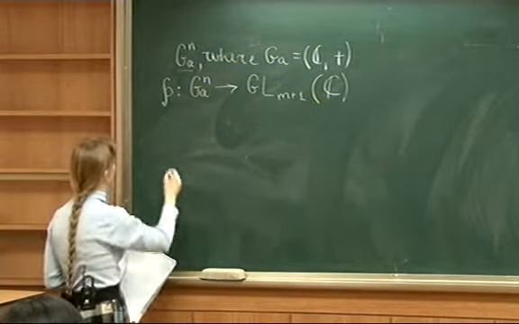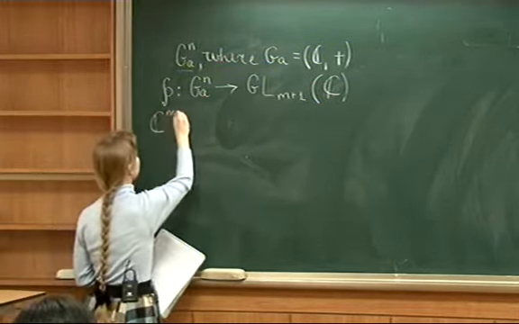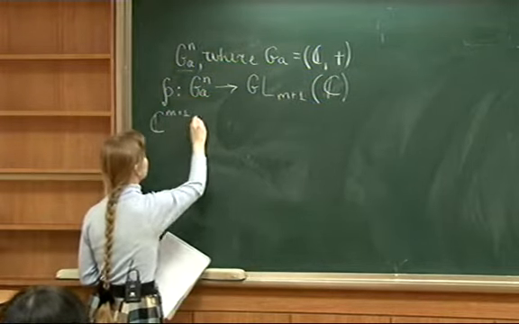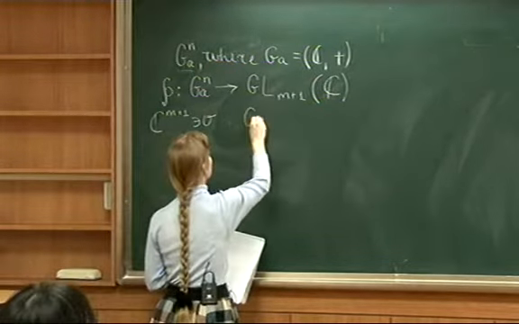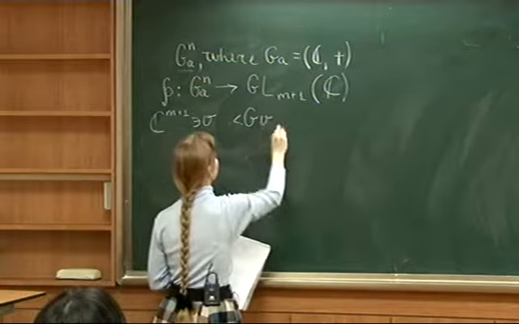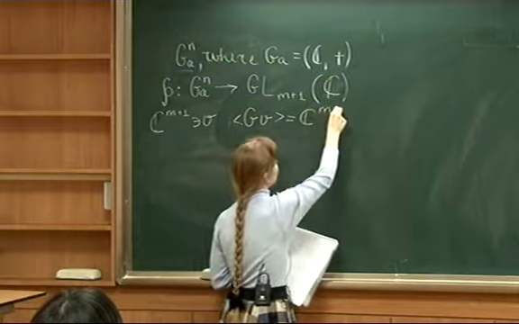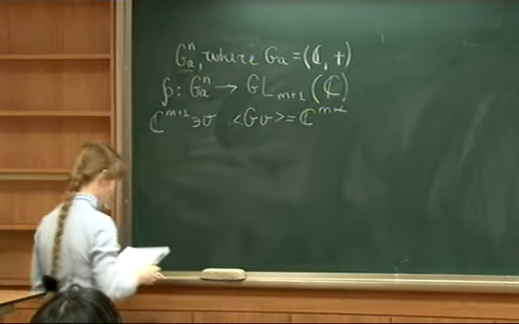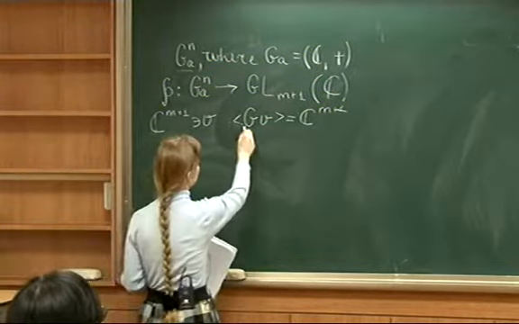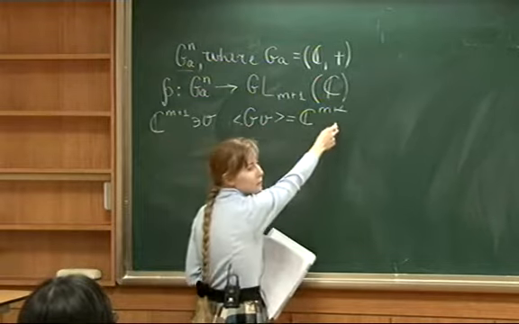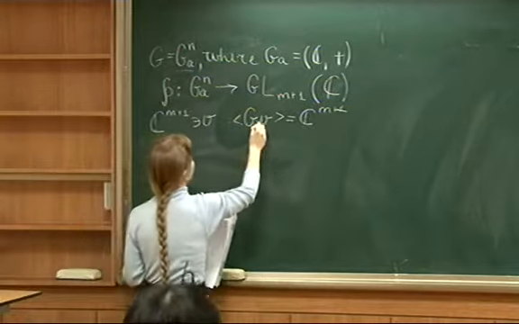I mean that the space of representation should contain a vector v such that the linear span of its orbit coincides with the whole space. G v is the orbit. The linear span of the orbit is the whole space. G is the group G_a^n.